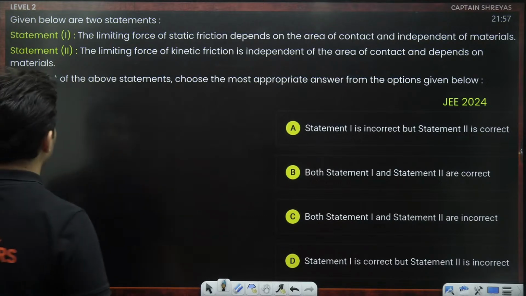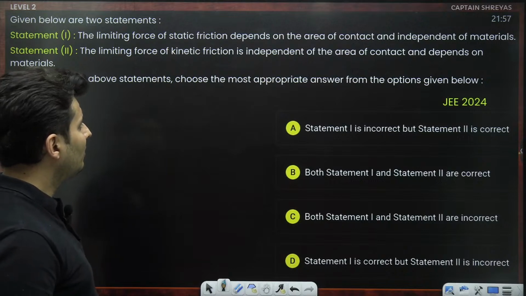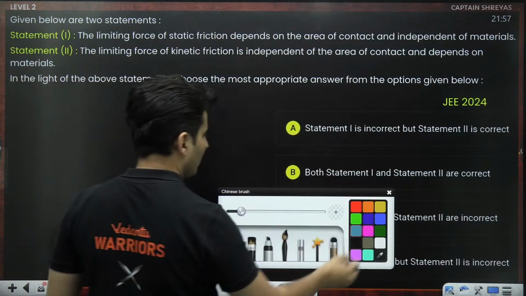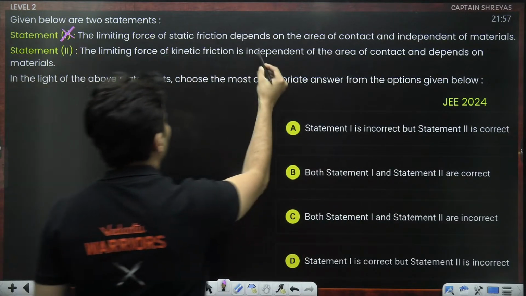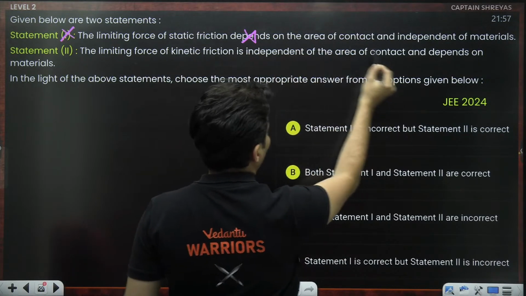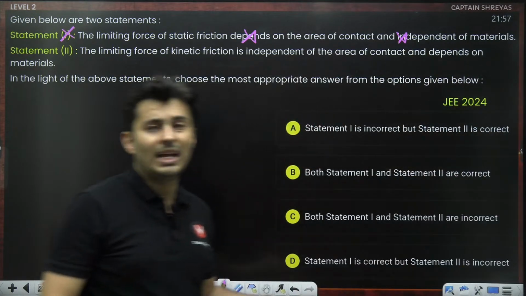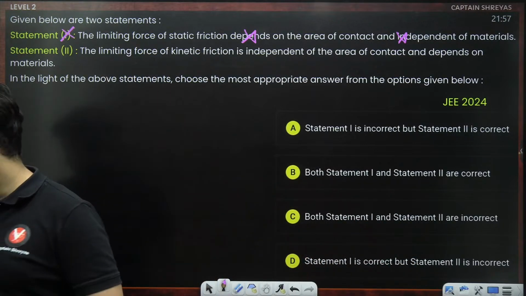Okay, what about this? Limiting frictional force depends on the area of contact and independent of the material. This is 100% wrong, guys. I mean, grave mistake. Limiting force does not depend on the area, and it actually depends on the materials. Wood, plastic, tar, stone, it depends 100%.